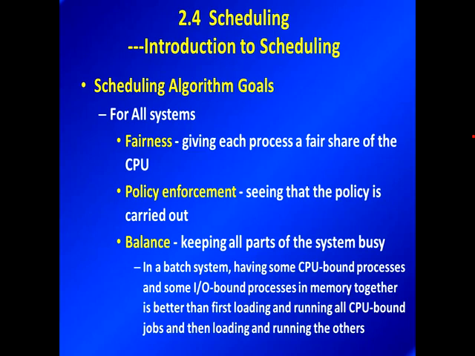So for all systems, we should ensure the fairness, the policy enforcement, and the balance among kinds of computing resources, including CPU and the kinds of I/O resources. So these are the three basic goals to be achieved for all systems.